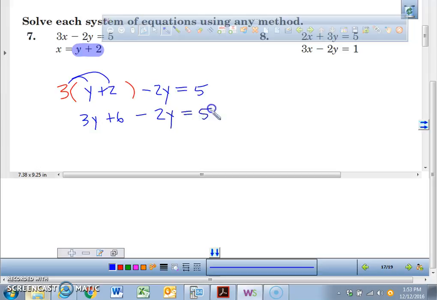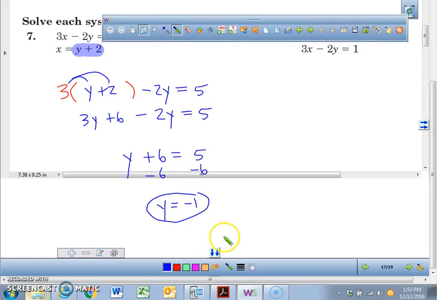Alright, here we go. So, 3y minus 2y gets me a y. So I have y plus 6 equals 5. And all you have to do is subtract 6 from each side, and you get y equals -1.